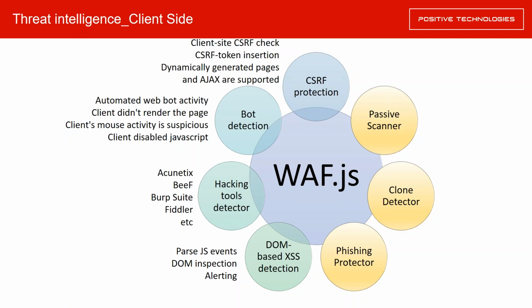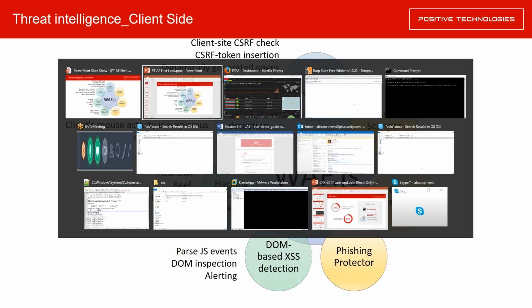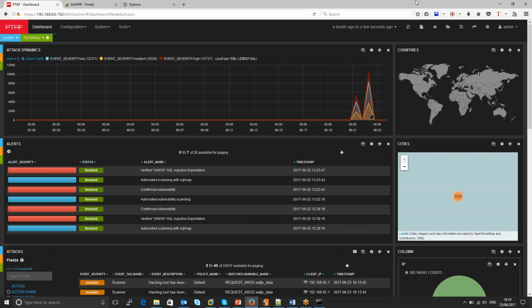It can understand whether I'm actually rendering the application on the client side. Am I a scanner? Am I a bot? Am I a headless browser? Or am I a legitimate user? So let's go ahead and take a quick look at how WAF.js understands this.